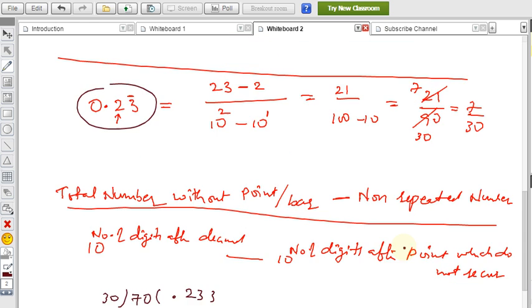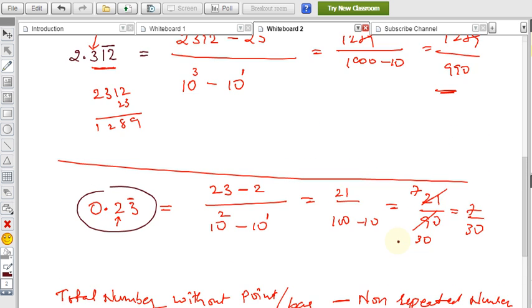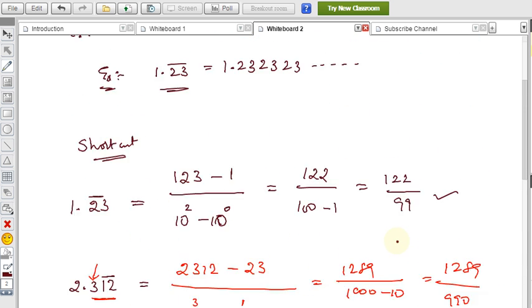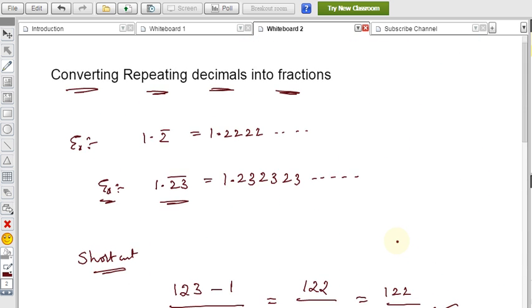So any number we can use this concept for finding. Based on this they'll ask you different questions, like find the value of 0.57 bar plus 0.43 bar. We can do the formula separately for both.